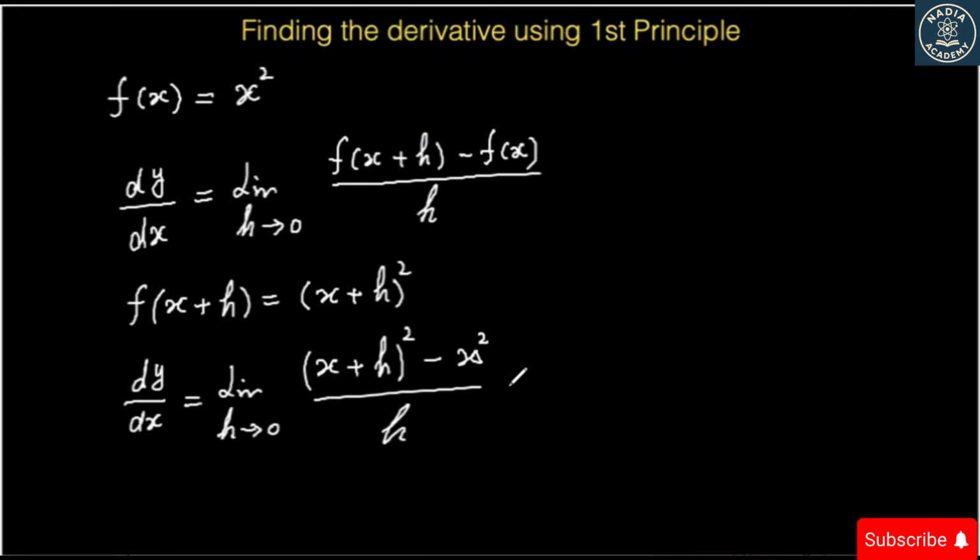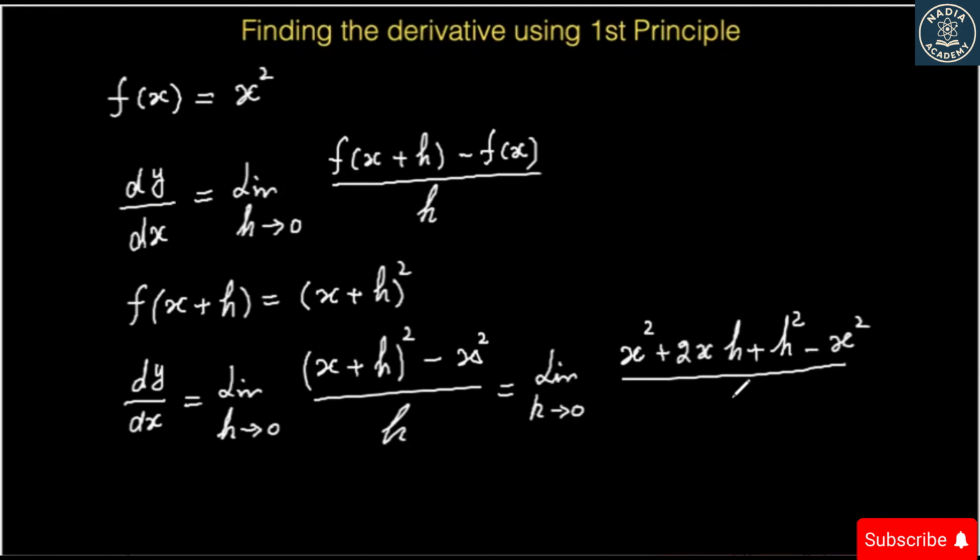Now we can open this square, so it will become the limit as h approaches 0 of x square plus 2xh plus h square minus x square, divided by h. Now, this x square and minus x square cancel with each other.